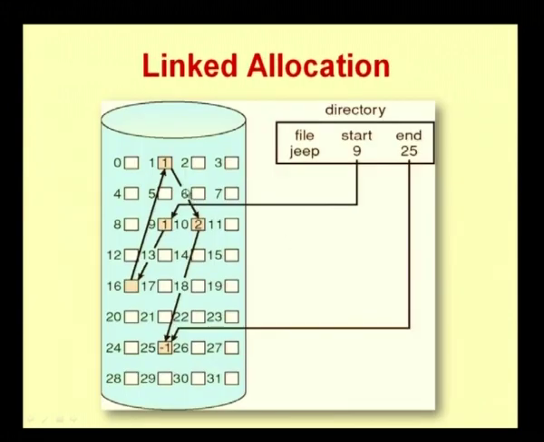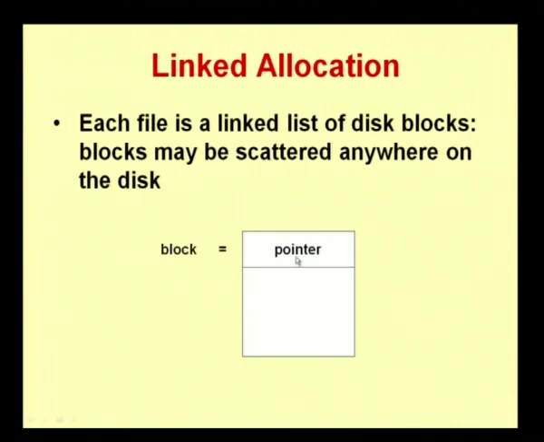With respect to this figure, it starts from block number 9 and goes to the 16th block, so block 9 holds the value of the 16th location. So this pointer holds the next block value where the contents have been stored. This is how it gets allocated, and this type of allocation is called a linked allocation.